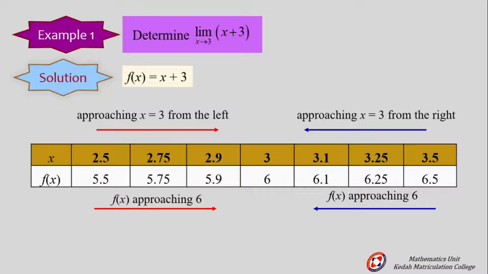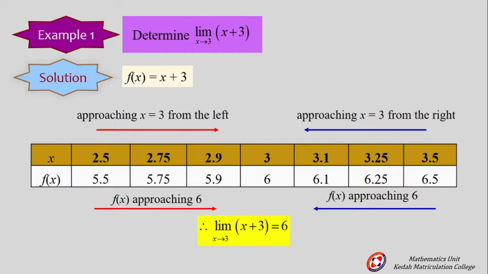Thus, as x gets close to 3, f(x) equal to x plus 3 gets close to 6. This interesting situation is called a limit, and it can be written as the limit of x plus 3 as x approaches 3 is equal to 6.